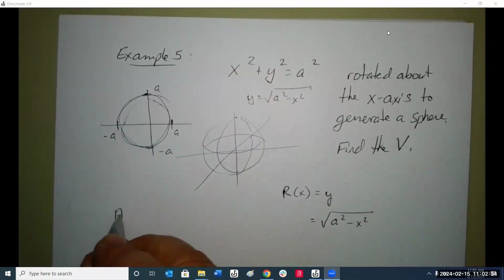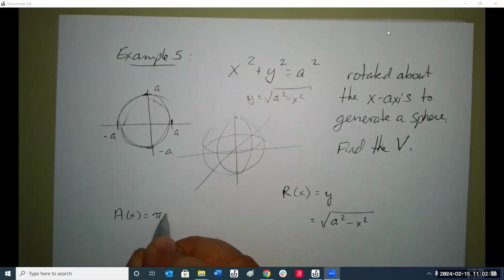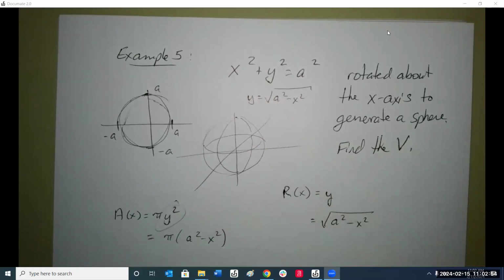So the area part, that's the radius. So we have a squared minus x squared, because that's squared already.